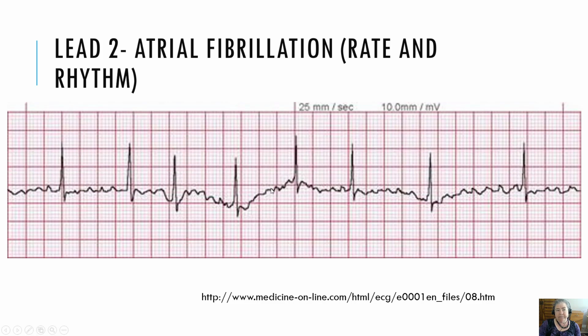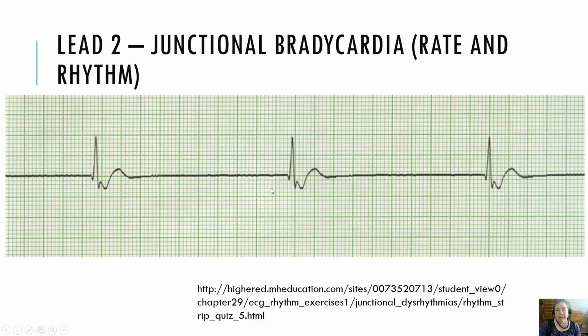Now, remember that I said sometimes other pacemakers take over and they're always slower. So this is a rhythm strip, a lead 2 rhythm strip, in which the rate is extremely slow.